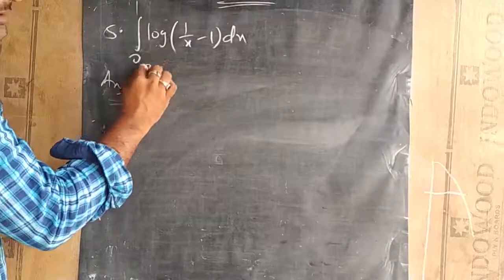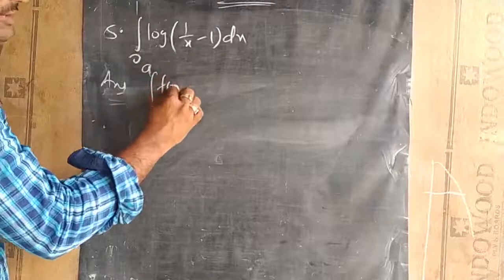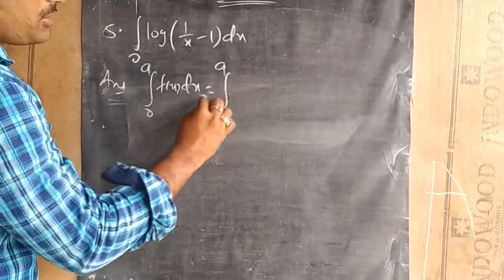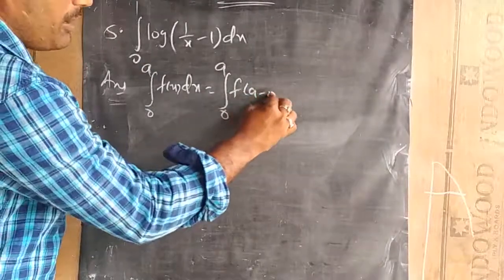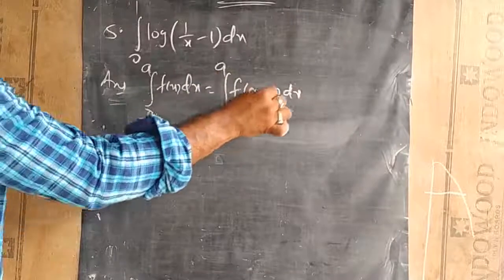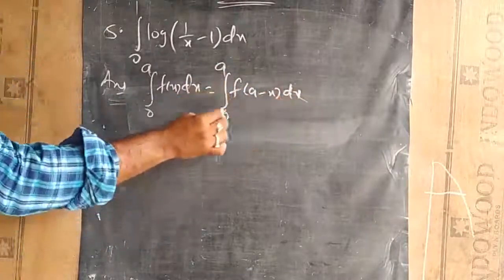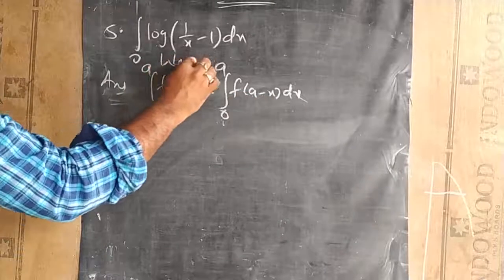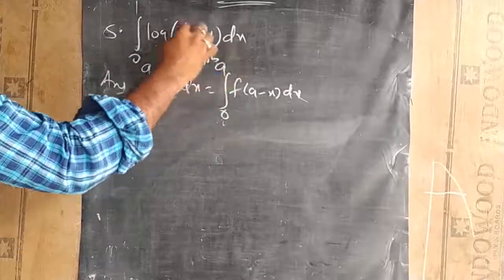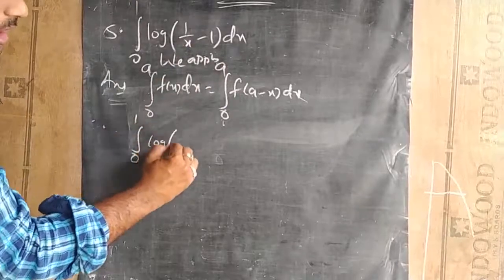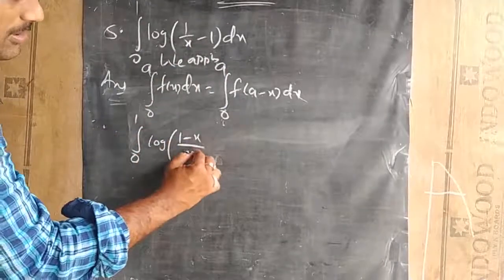We can apply the formula integral 0 to a of f of x dx. In the previous one we discussed the formula with a plus b minus x, but here only a plus 0 is there. A plus 0 means a minus x, so we are going to apply this formula here. If you apply it, we get integral 0 to 1 of log of (1 minus x) by x dx.